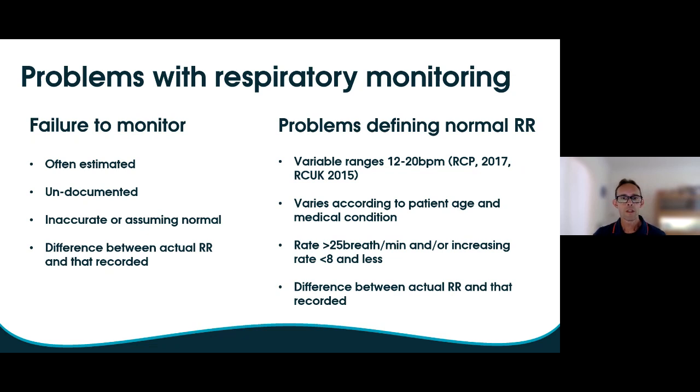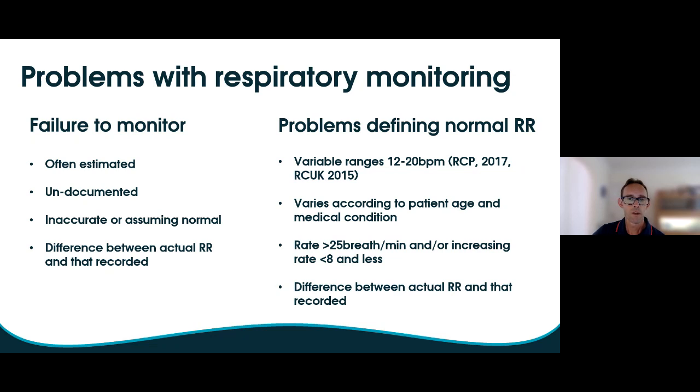Whilst there's an accepted definition for normal pulse and generally blood pressure, there's a variety of ranges for respiratory rate. But we're normally saying a normal range is between 12 and 20 breaths per minute. The normal accepted range of 12 to 20 breaths per minute is mentioned by the RCP, the Royal College, and Cardiac UK 2015.